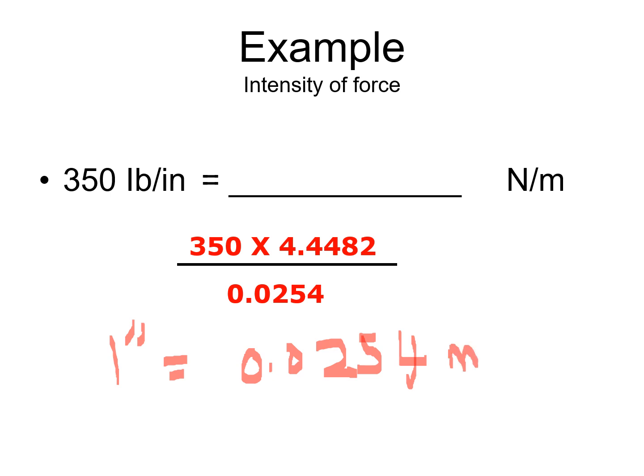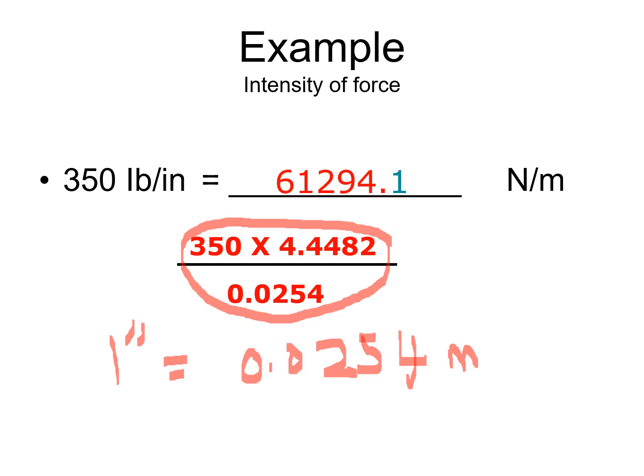So I end up dividing because inch is smaller than a meter. So what you want to do is you want this number to become larger, so you divide that with 0.0254 to make it larger. So this is the answer: 61294.1 Newton every meter. Okay, so if you have any question, we discussed it online.